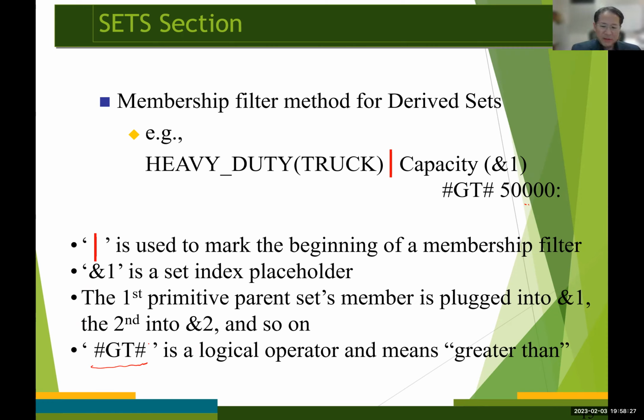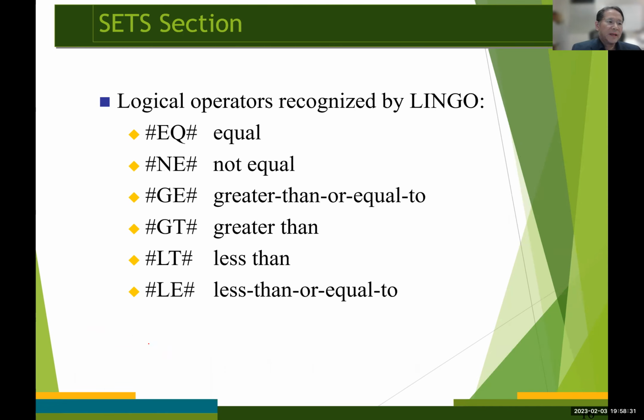Okay, GT means greater than. And these are the logical operators that can be recognized by LINGO, included here on this screen. So EQ is equal, NE is not equal, GE is greater than or equal to, GT is greater than, LT is less than, LE is less than or equal to, okay?